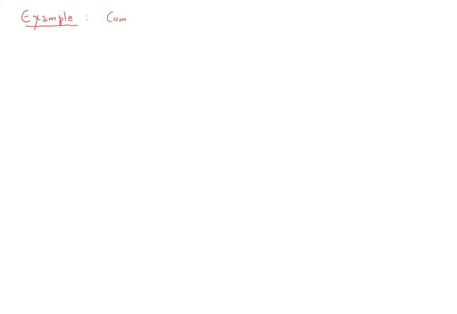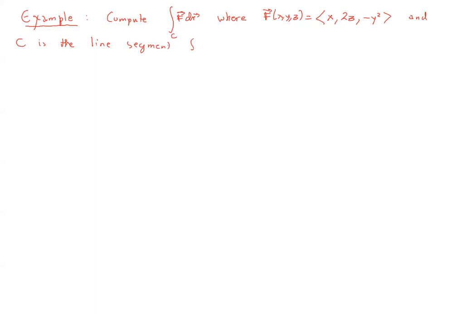Compute the integral of F dr along C, where F of x, y, z is equal to x z minus y squared, and C is the line segment from the point 0, 0, 0 to the point 1, 3, negative 2.